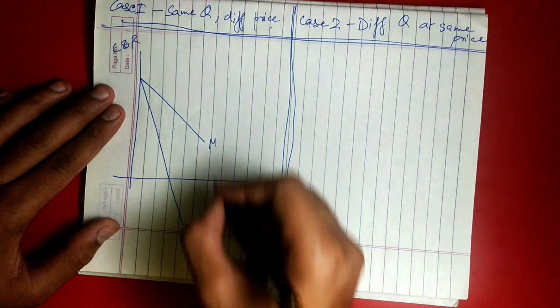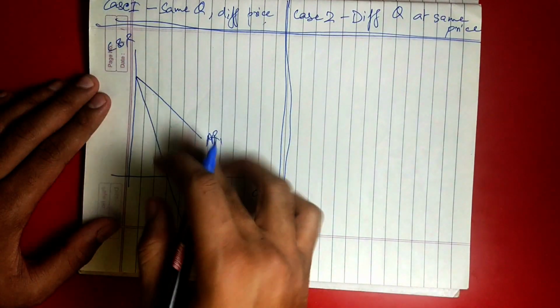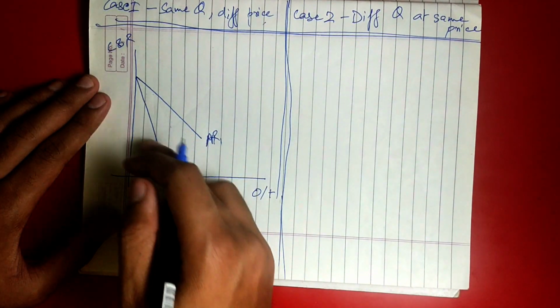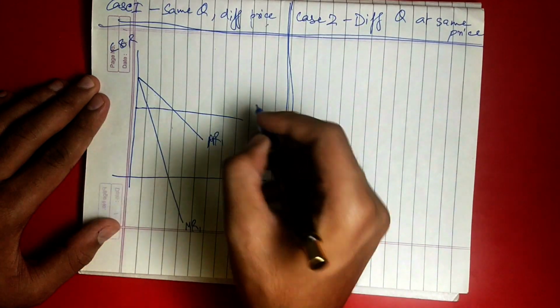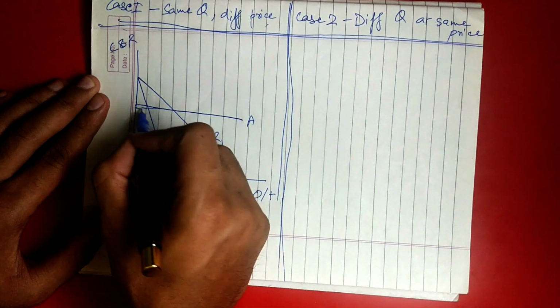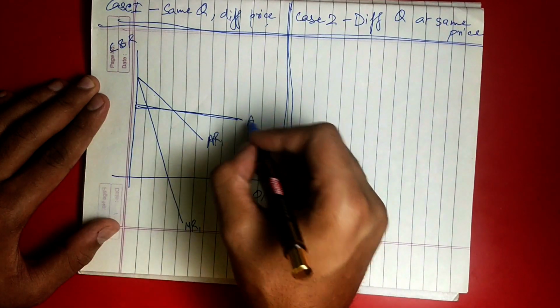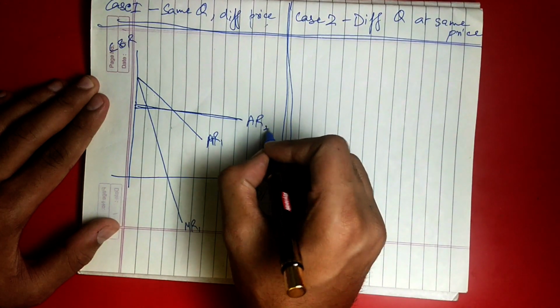And now I'll take the demand curve of another consumer which is more elastic. It's downward sloping. If you don't find it, it's not vertical, it's downward sloping here too.